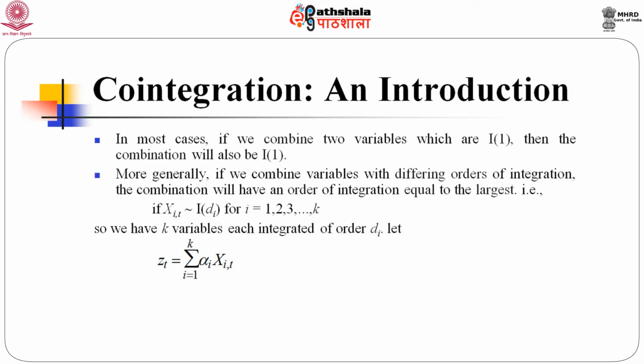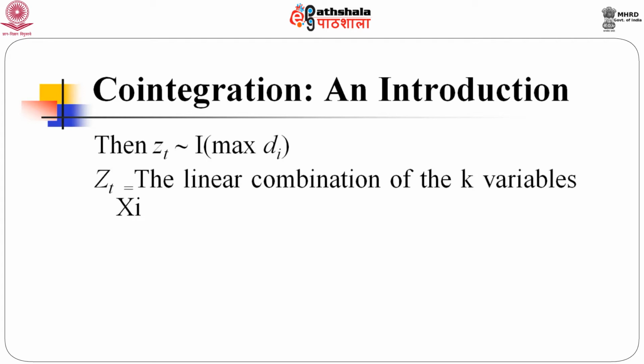That is, if xit follows I(di) for i running from 1 to k, so that we have k variables each integrated of order di, and you take a weighted average of those integrated series, then Zt will be integrated of order maximum di, and Zt is a linear combination of the k variables xi.